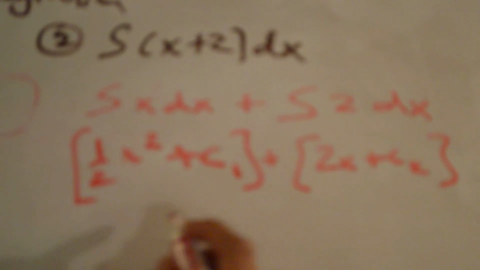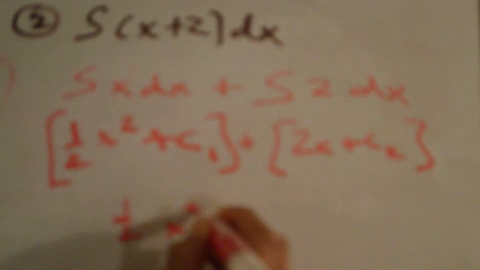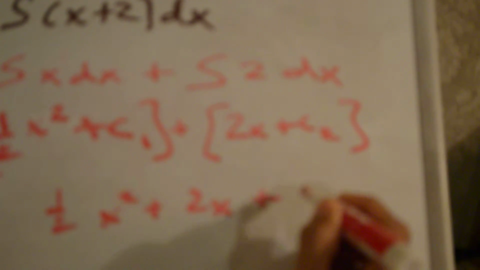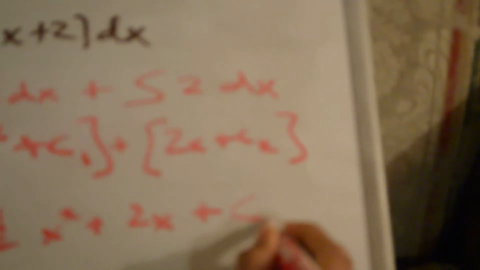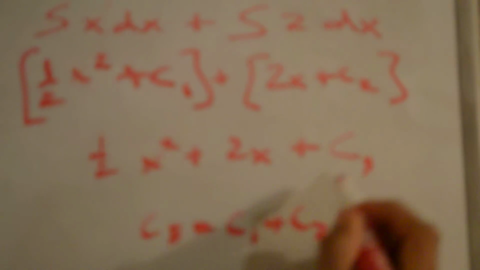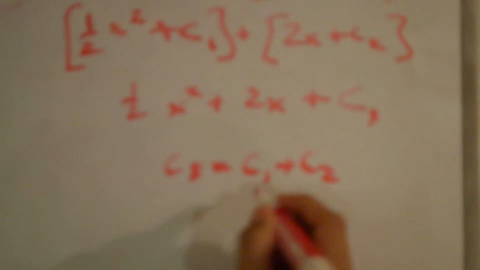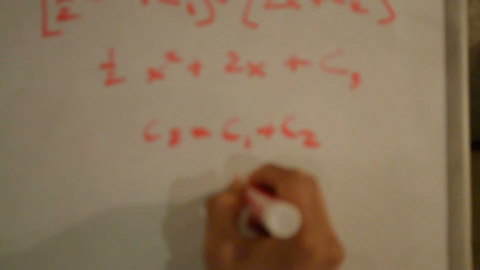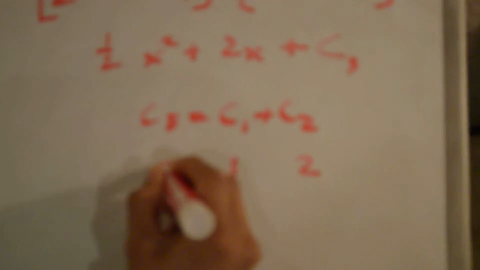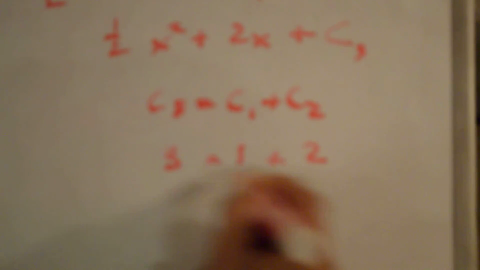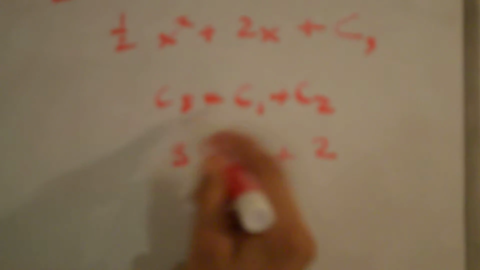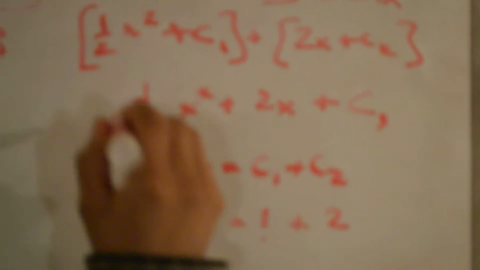Now we can add these up, so it'll just be 1/2 x squared plus 2x plus c. I'm going to label c3, which is equal to c1 plus c2, because all these c's are just constants. It's like saying c1 is 1, c2 is 2, so c3 is 3, since 1 plus 2 equals 3. Since they're constants, you can add them up and you'll be fine. So this will be our answer.